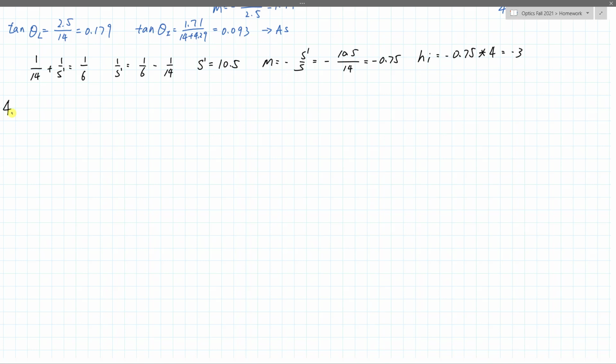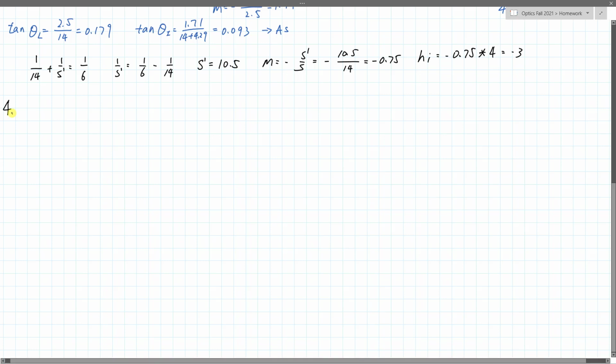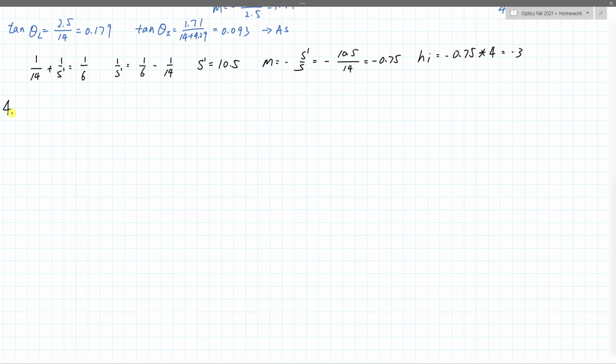An optical system centered on an optical axis consists of, left to right, source plane, thin lens L1 at 40 centimeters from source plane, aperture A at 20 centimeters farther from lens 1, then thin lens L2 at 10 centimeters farther from the aperture A, and then image plane. So lens L1 has a focal length 40/3, diameter of 2, lens 2 has focal length 20/3, and diameter also 2. Aperture A has a centered circular opening of 0.5 centimeters in diameter.